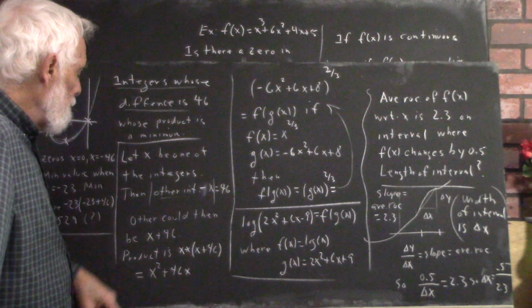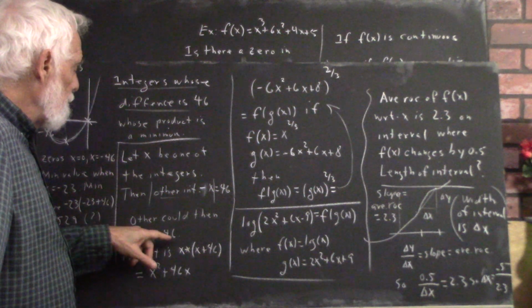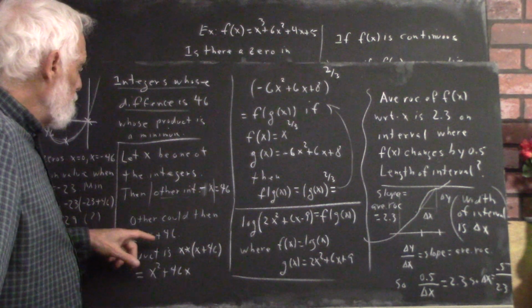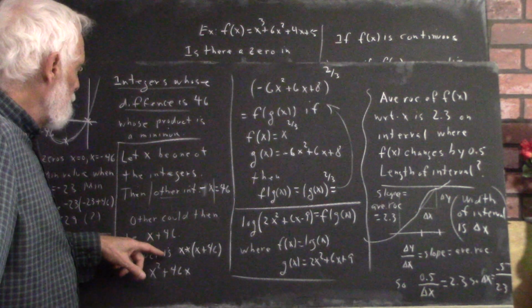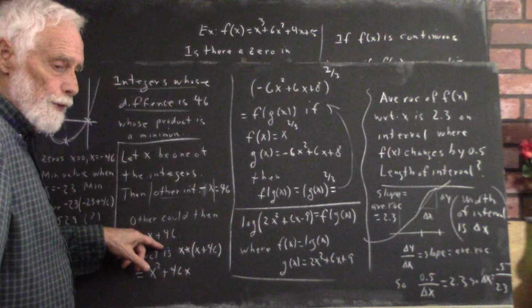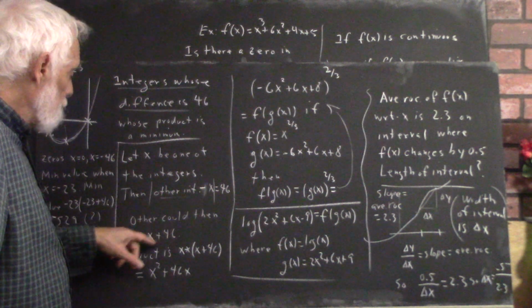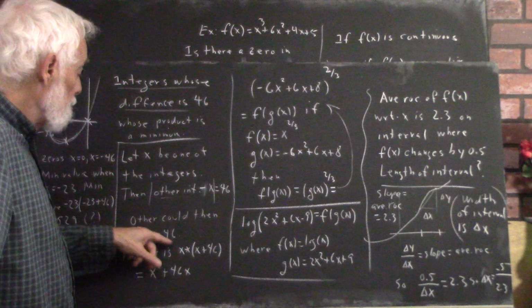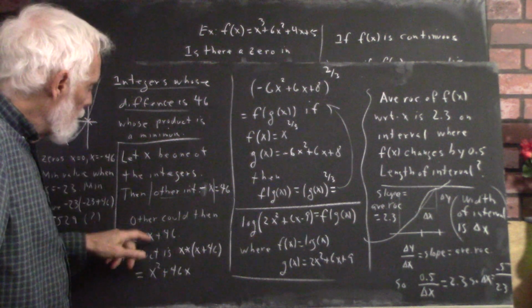Okay? So if it is x plus 46, then we can check the difference between x and x plus 46. Well, that means x plus 46 minus x, which is just 46. So the difference is 46. Okay, so this is the expression.